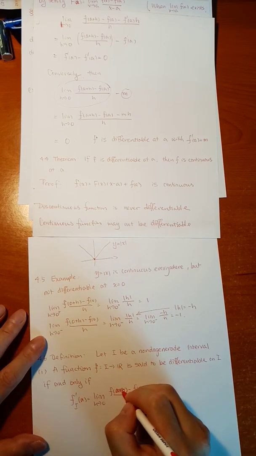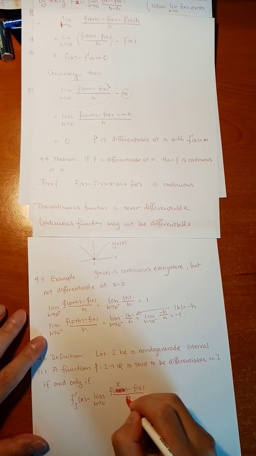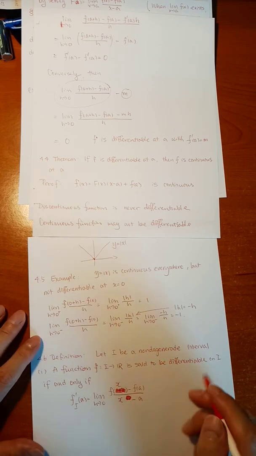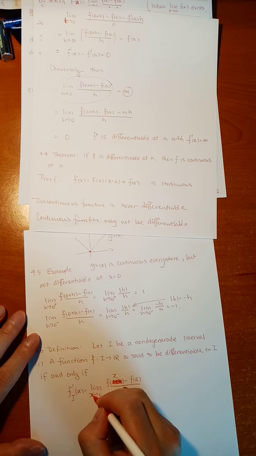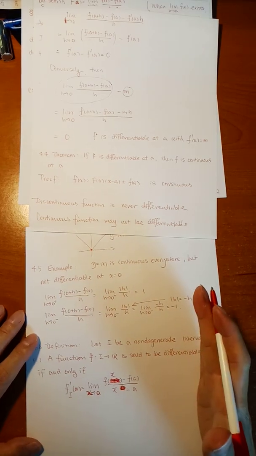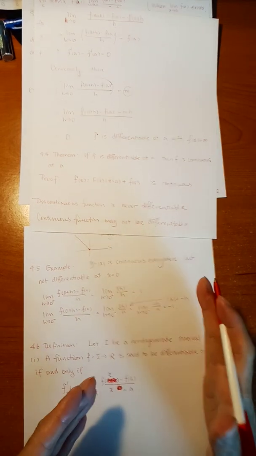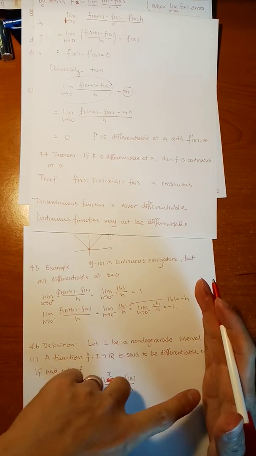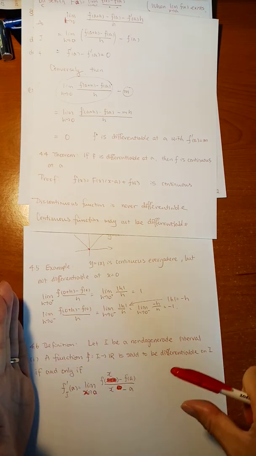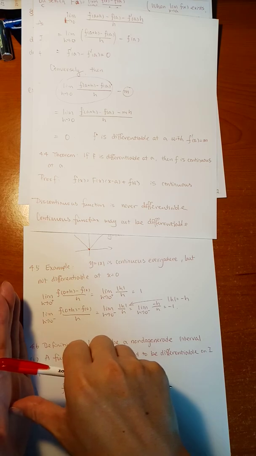This time it's better for us to use x. The limit of (f(x) minus f(a)) over (x minus a) as x approaches a. But when a, for example, is a right endpoint, then x can only approach a from the left side. If a is a left endpoint, x can only approach a from the right side.